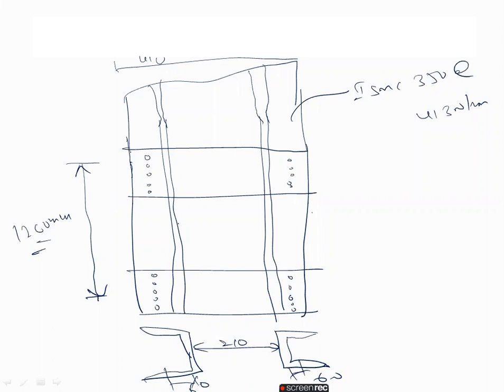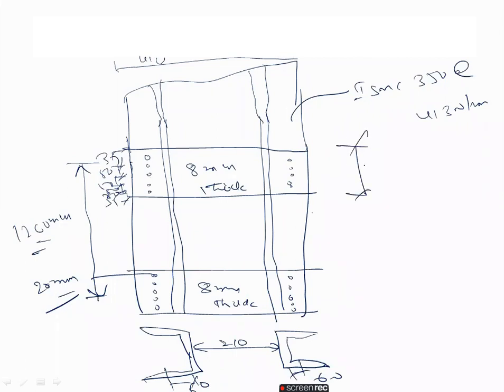The bolts we are using are 20 mm bolts. The battens are 8 mm thick. The pitch is 50 here, 50, 50, 50, then 35 and 35 are gauge distances. Like that you have to provide. The depth is 270 mm here, and for the intermediate one you got 340 mm.